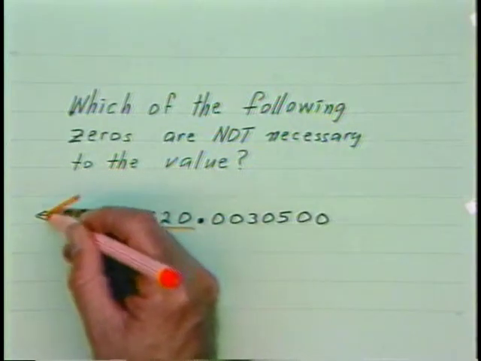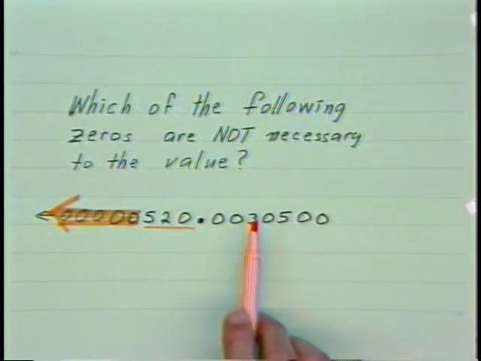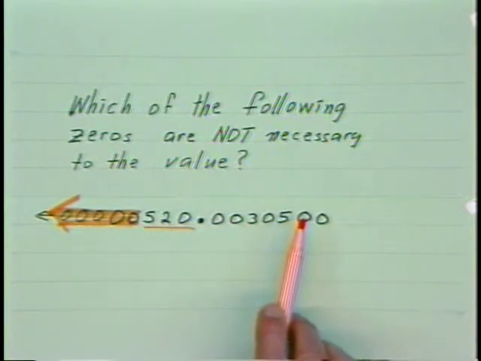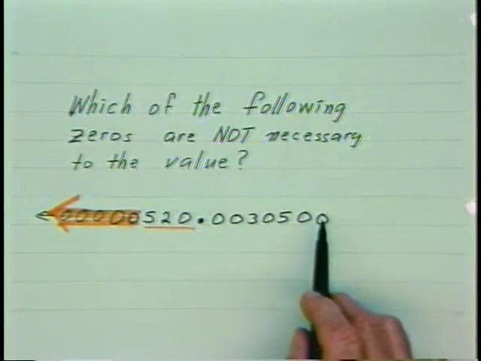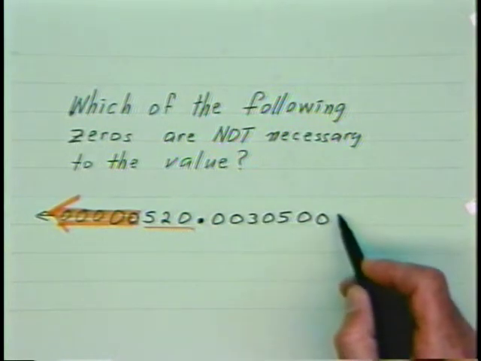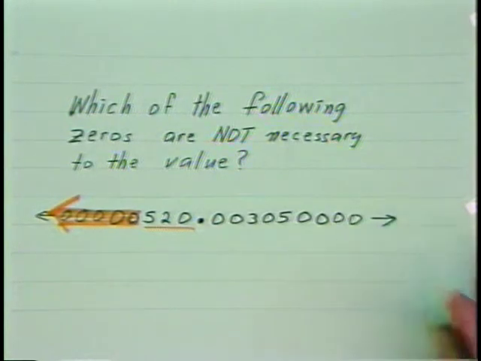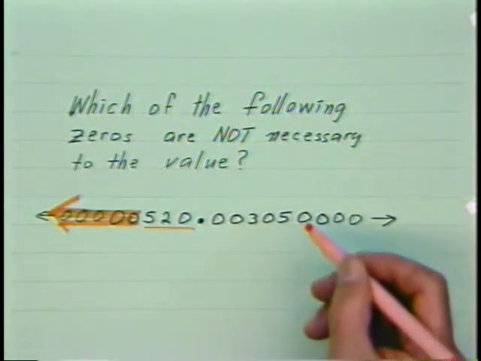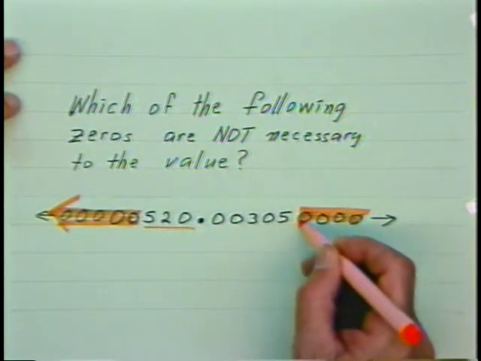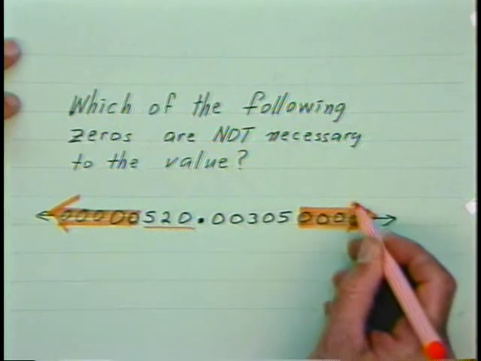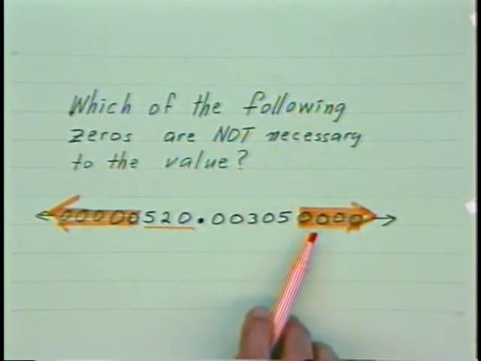But notice it's the same towards the end. This is tenth, hundredth, thousands, 10,000s, 100,000s, and this one says that I have no millions, no 10 millions, but for that matter, I have no 100 millions, no billions, and so on in this direction. So all of these decimal zeros on the end behind the decimal point are not necessary either.